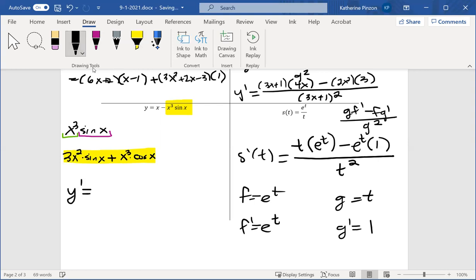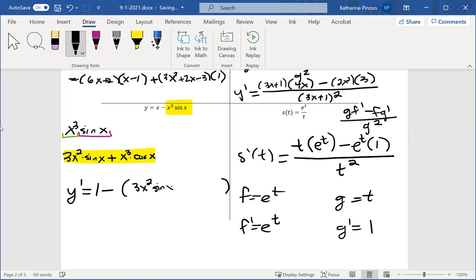So when I find y prime, I'm going to say the derivative of x is 1, minus, and now I'm going to put a bunch of parentheses. The reason I'm going to put parentheses is because whatever the derivative of the yellow stuff is, all gets subtracted. So minus all of this stuff, because that's the derivative of that yellow function.